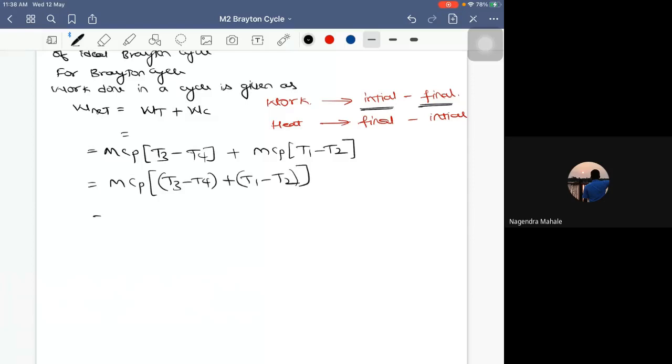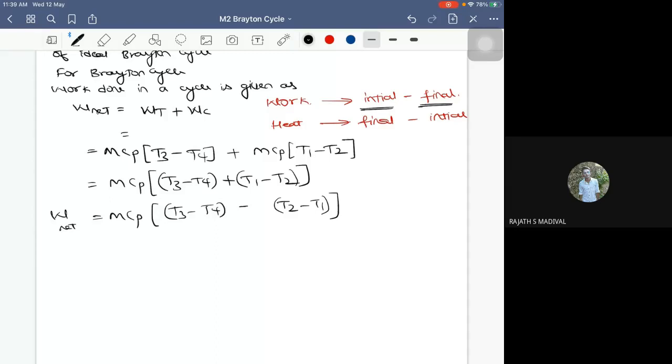Next, MCp into T3 minus of T4 as it is, and I will make this T2 minus of T1. If I want to do so, what should I do? I have to take a minus common and incorporate a minus sign there. Now, if I consider the above for a unit mass, that means mass 1, 1 kg.